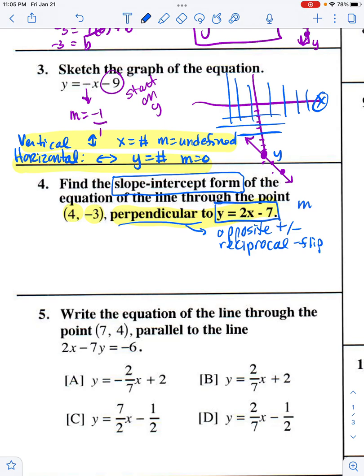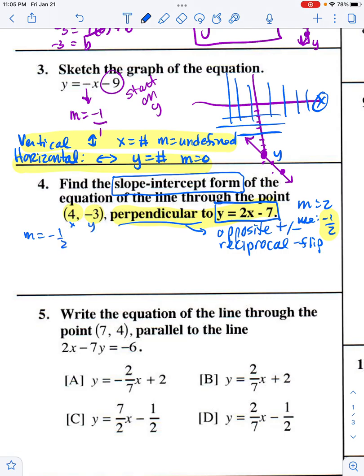So in this equation, the slope is 2, but we're not going to use 2 because for perpendicular we need the opposite reciprocal. So we flip it over and change the sign, and we'll be using -1/2 as our m value.